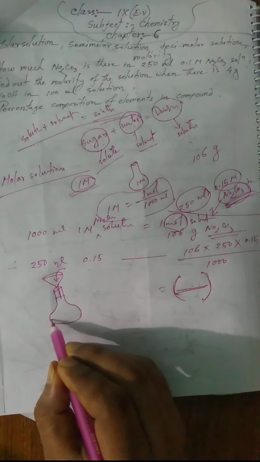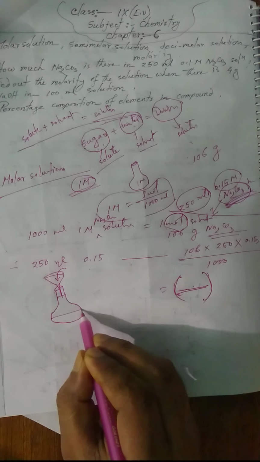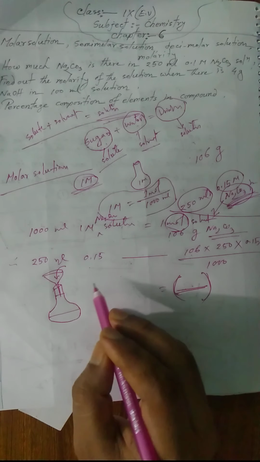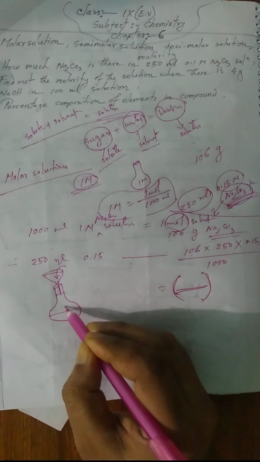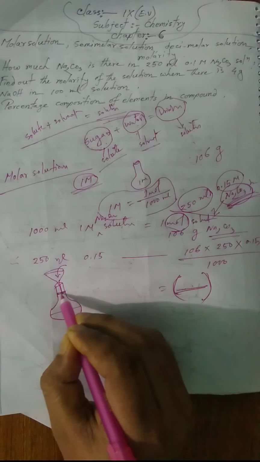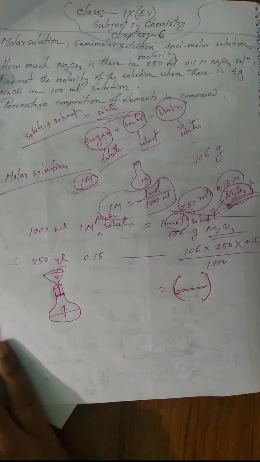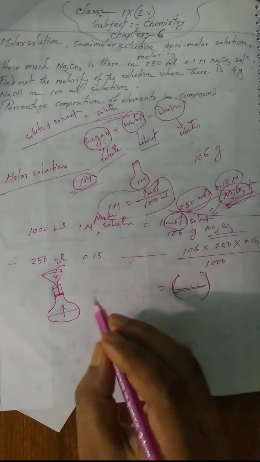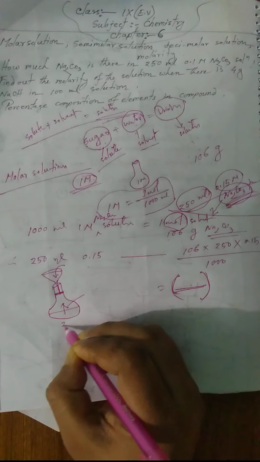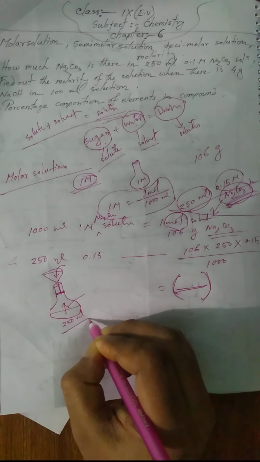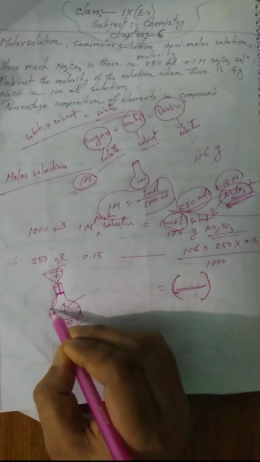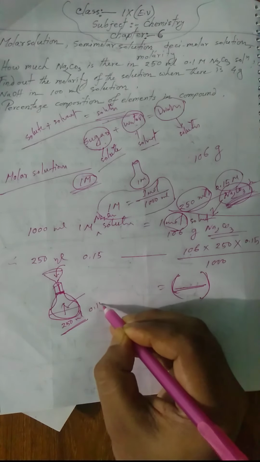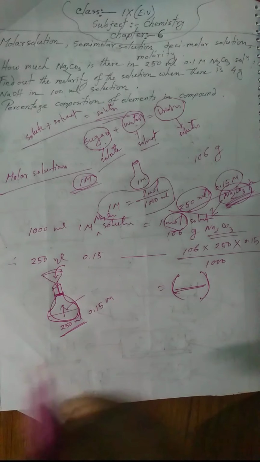Then you have to add water and shake well. Then you have to mark up to this level, and the prepared solution will be the desired solution. So this is 250 ml volumetric flask. So this solution will be 250 ml 0.15 molar sodium carbonate solution.